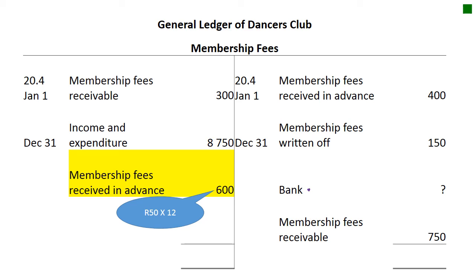We don't know the amount, but 600 Rand included there would have been from members who paid in advance. So we debit the membership fees account, and we credit membership fees received in advance, which is your liability. It's 50 Rand for 12 members, which is 600 Rand.